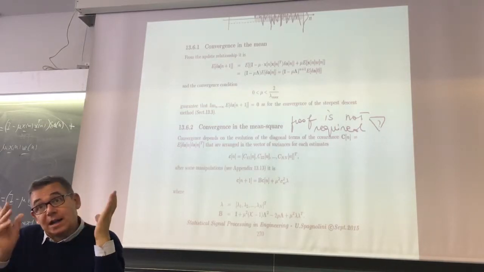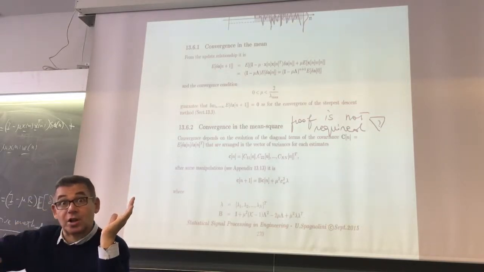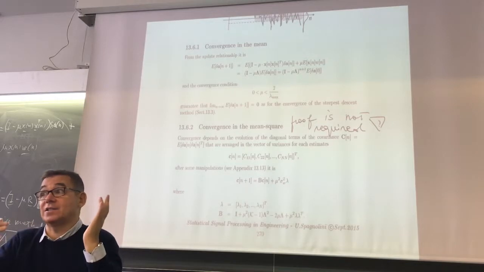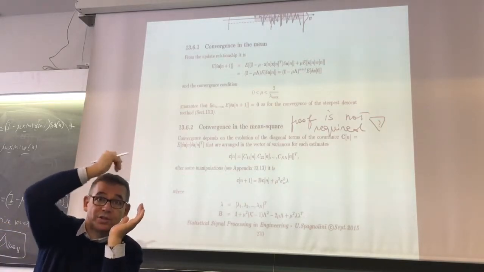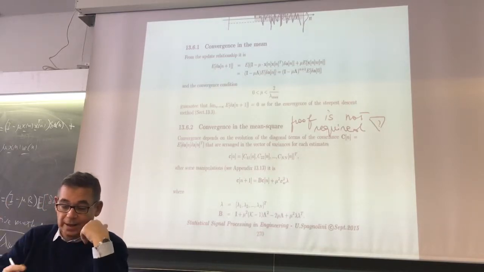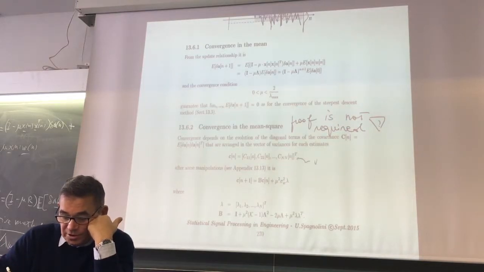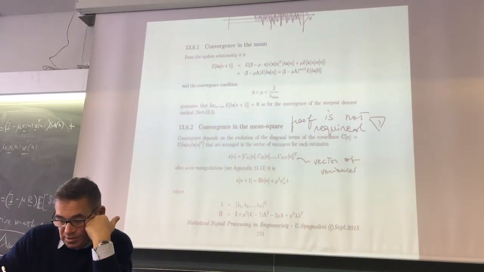In the covariance, what I'm interested in is the terms along the diagonal, because they are the variances. So I want to calculate the variance of the first, second, third, fourth, fifth coefficient of the filter. I'm sketching this: it is the vector of variances of the filter or estimated coefficients.